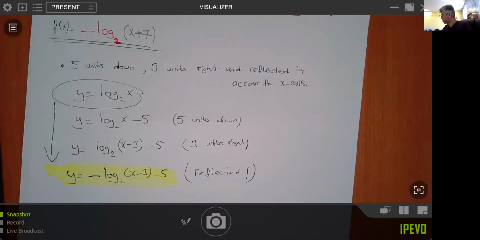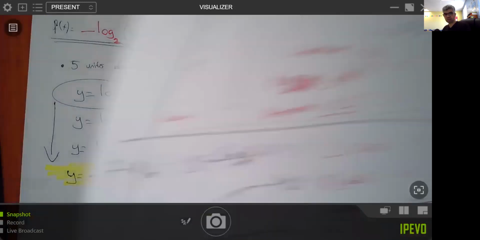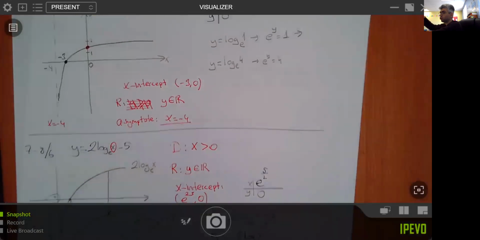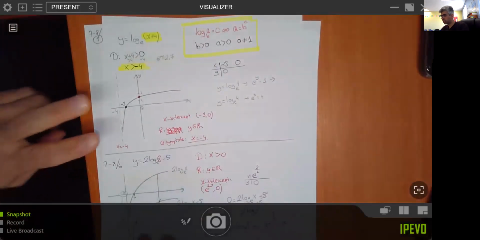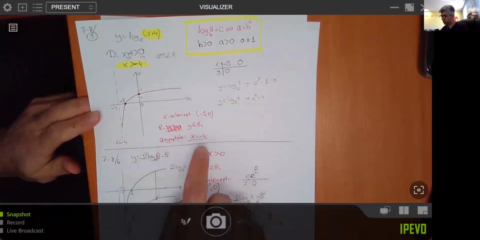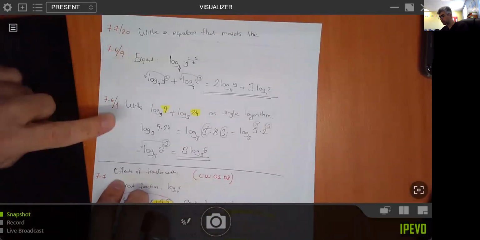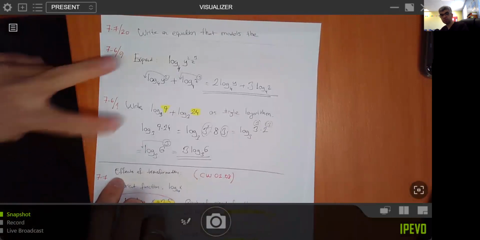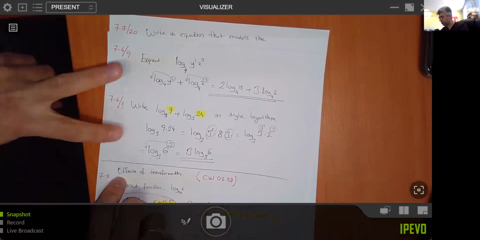So guys, what is the other question type? So what there are going to be in the quiz: this kind of function, domain, range, asymptote, x-intercept. This is one. This is expand or write as a single logarithm. There will be two questions. So one like this, one like this. So 3.